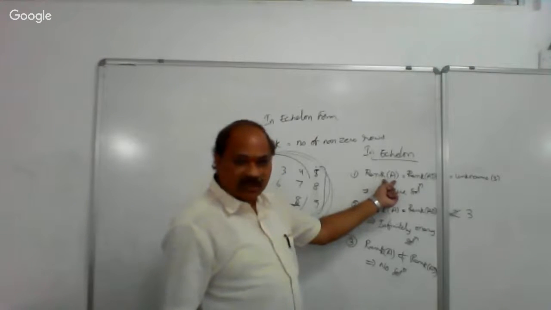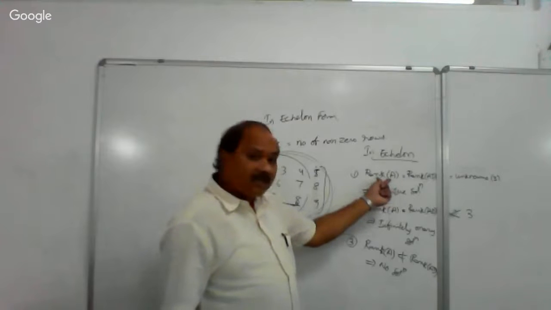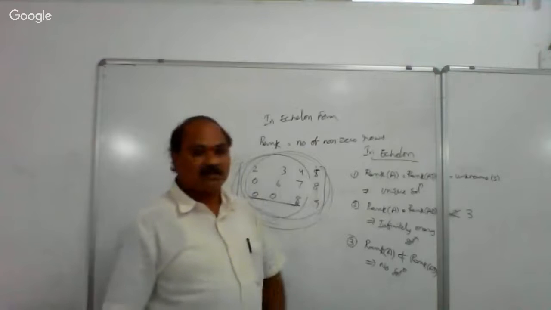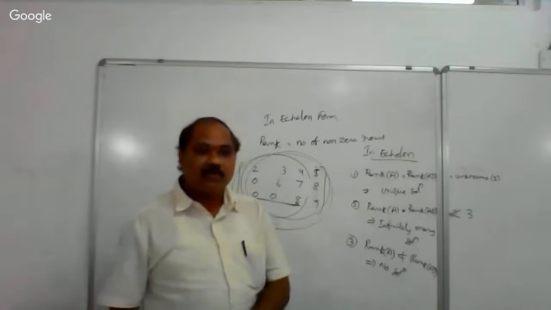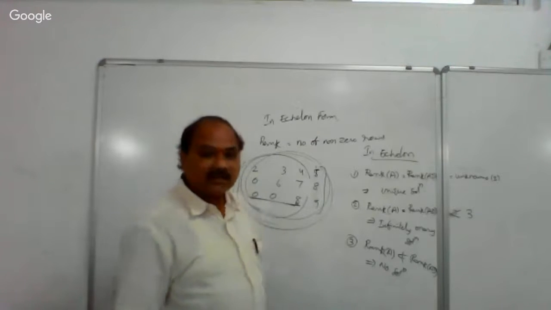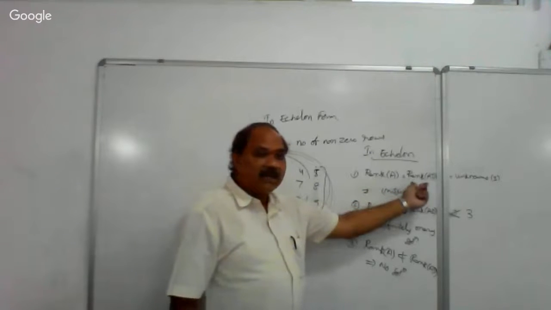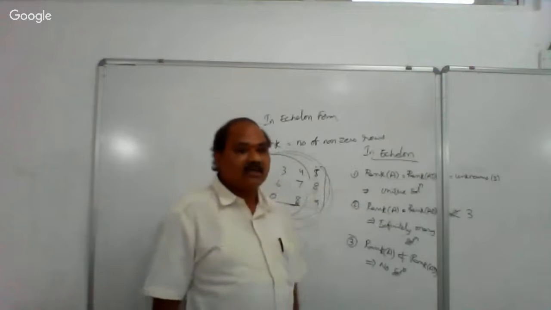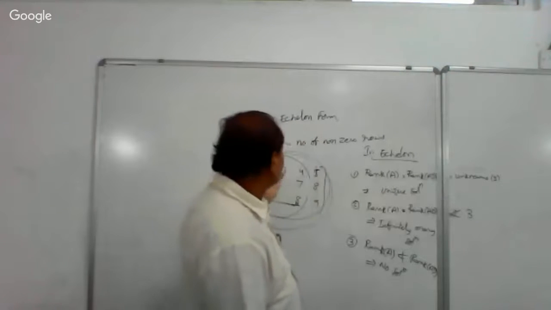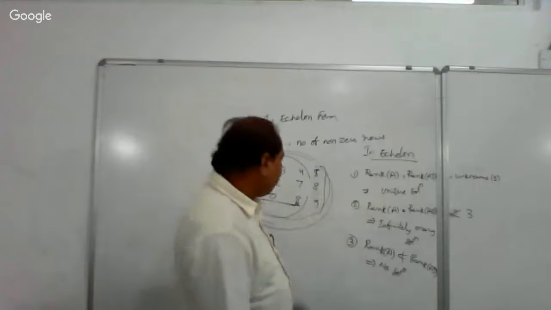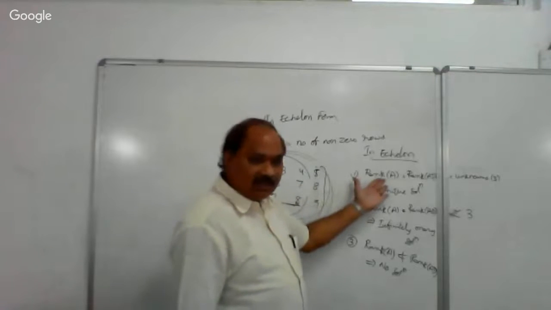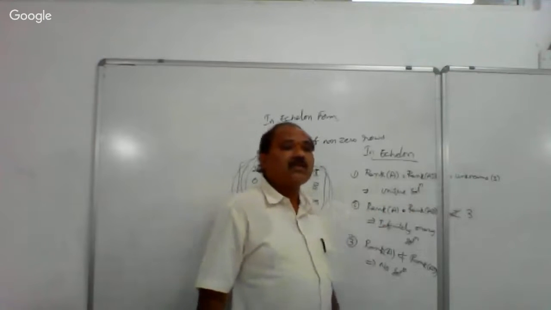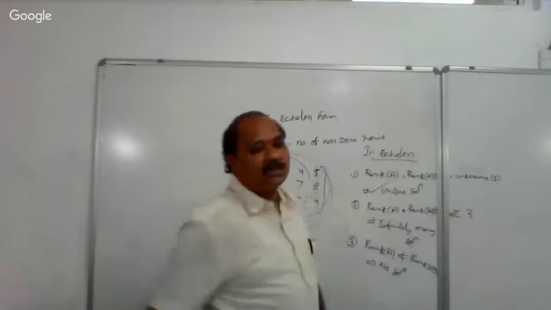Rank of A is the number of non-zero rows in the coefficient matrix, and rank of AD is the number of non-zero rows in the augmented matrix. The number of unknowns, X, Y, Z, is 3. Rank of A is 3, rank of AD is also 3, number of unknowns is also 3. No doubt at all, you will get a unique solution.